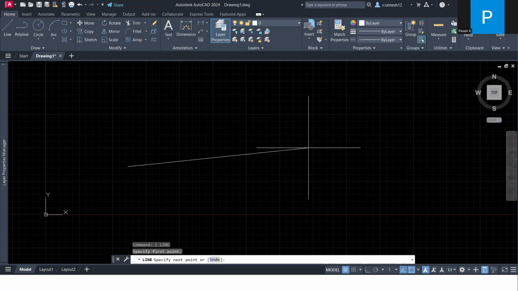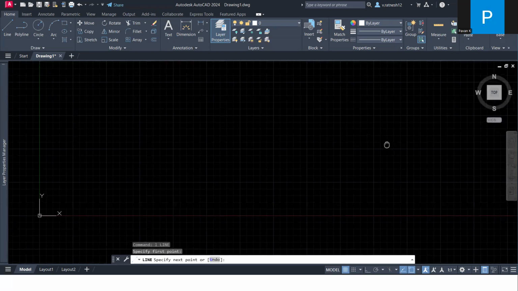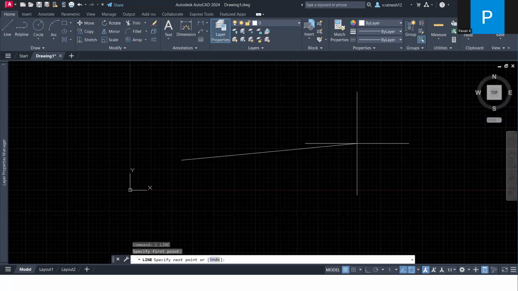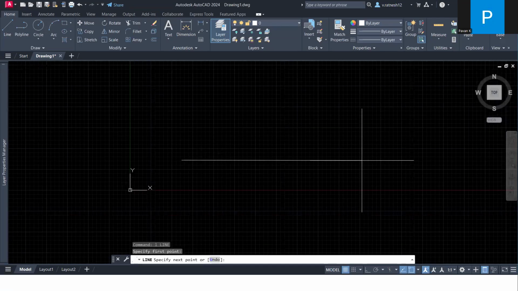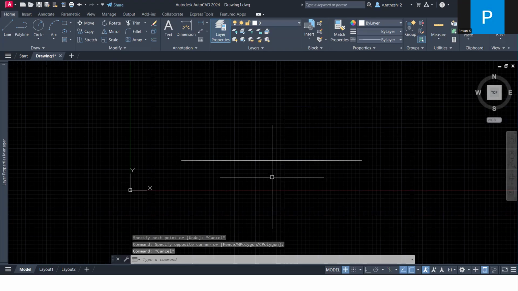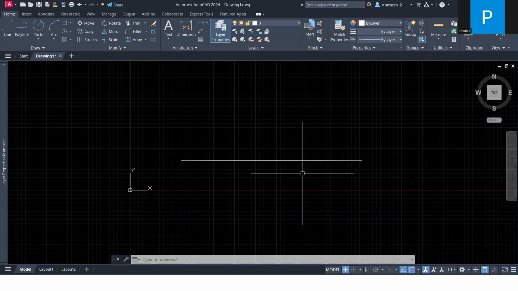So you can say that the line is drawn, but the line is not straight. How will you make sure of that? If you see this, it looks straight, but no, this is not a straight line. You can't say that this is a straight line. To draw a straight line, we have an option that is ortho. Here it is, ortho.